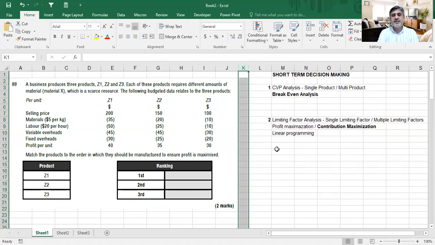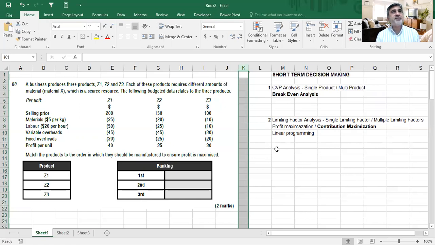Each of these products requires different amounts of material X, which is a scarce resource, which means a limited resource. So now it comes, limiting factor question. First you need to identify this is a limiting factor question, and this is a single limiting factor question because only material X is a scarce resource.